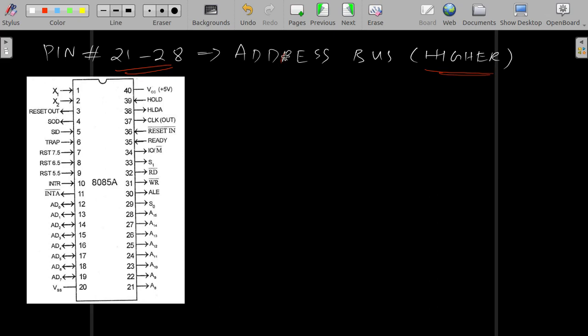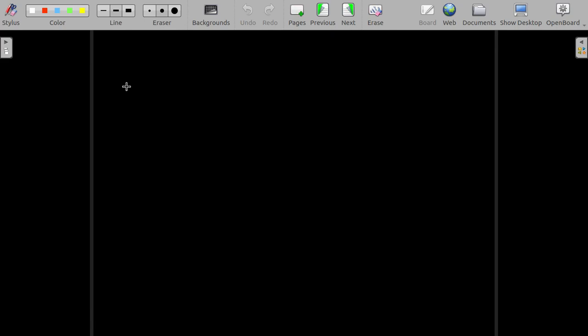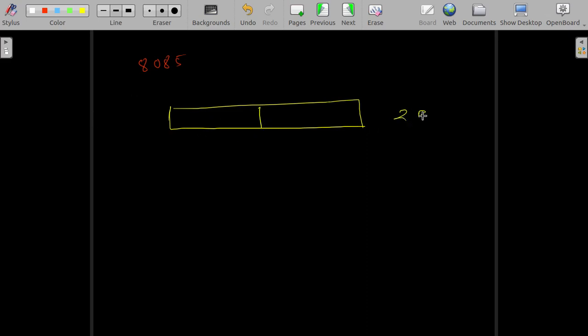address bus. So before moving forward, let me just refresh the concept of the address length and data length of the 8085 processor. So basically the 8085 processor has a 2-byte address bus or address length.